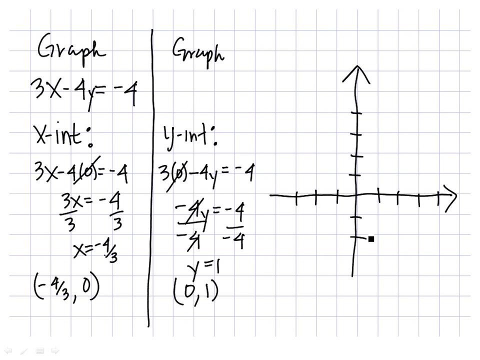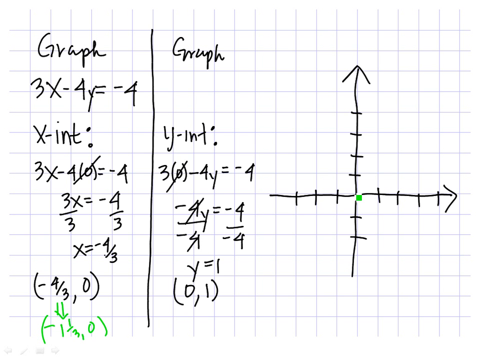Alright, so negative 4 thirds, 0. Now, we want to know exactly what is negative 4 thirds. So, in order to plot that point, it is best to go ahead and change it to a mixed number. So, this is the same thing as negative 1 1/3. Alright, so where is negative 1 1/3?